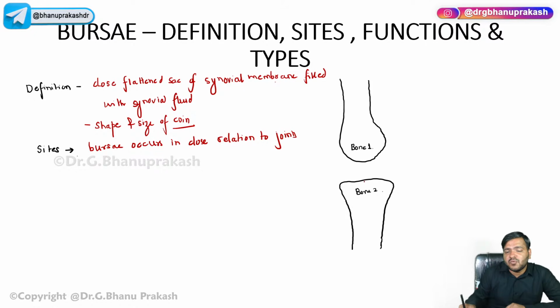So that's why I've drawn bone 1 and bone 2. Close relation to joints. And remember, they can also communicate with the joint cavity. This joint cavity in the middle, it can also communicate over there. So that is what you have to know.